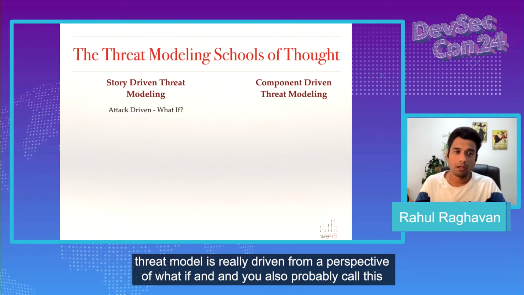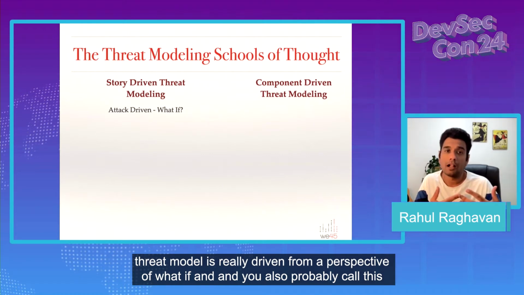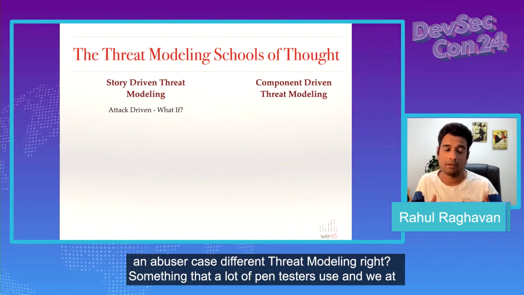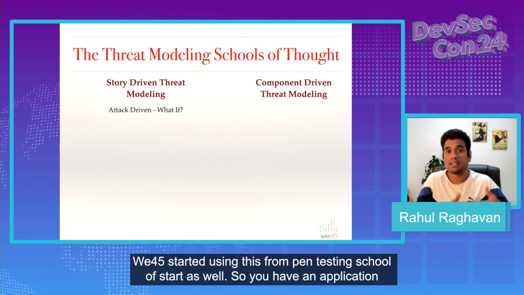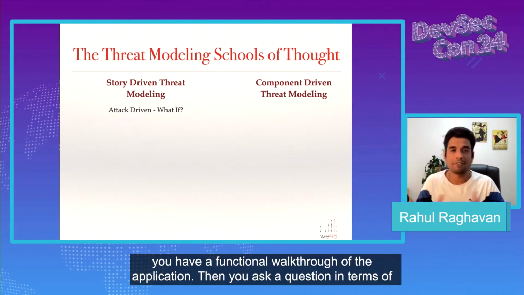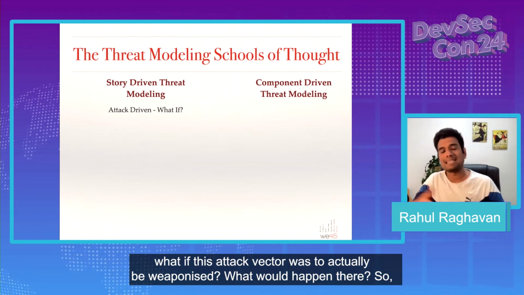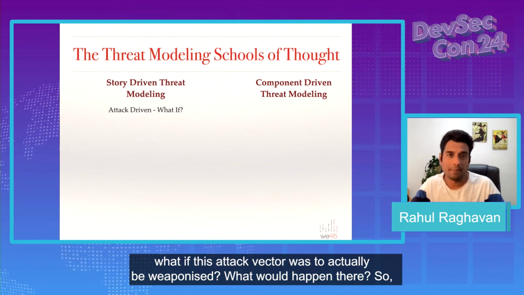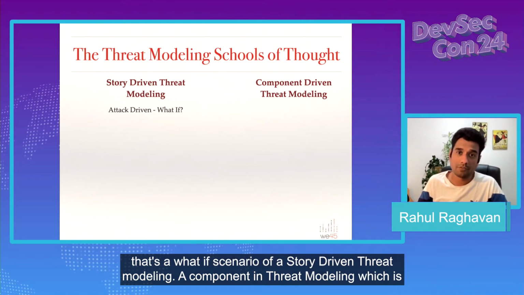A story-driven threat model is driven from a what-if perspective, and you can also call this abuser-case-driven threat modeling, right? Something that a lot of pen testers use, and we at B45 started using this from a pen testing school of thought as well. So you have an application, you have a functional walkthrough of the application, then you ask what if this attack vector was to actually be weaponized, what would happen there? So that's a what-if scenario of story-driven threat modeling.